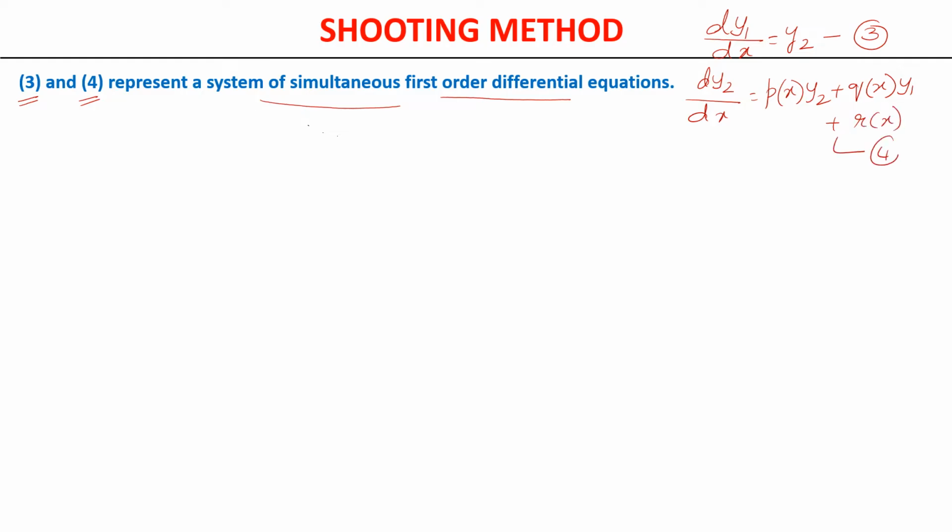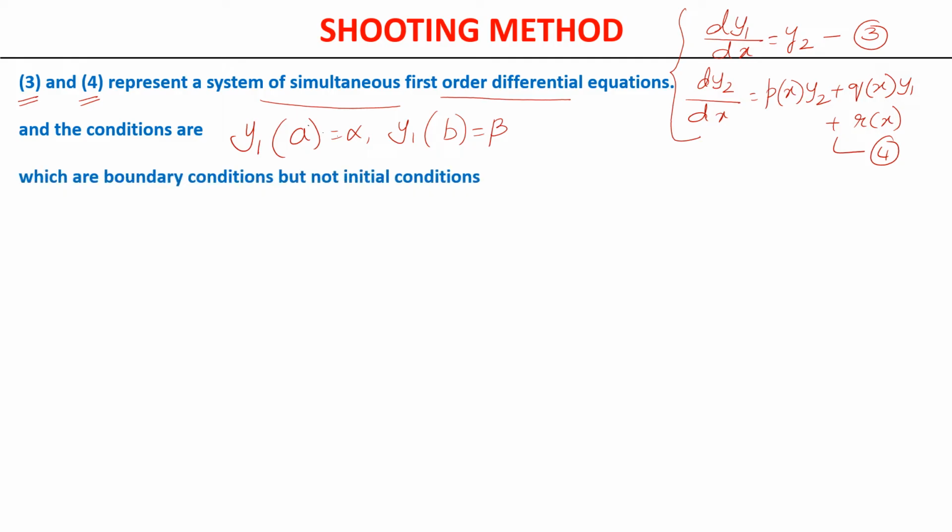And so we have now reduced the second order differential equation into a simultaneous set of two first order differential equations. And what were the boundary conditions? They were still y1 of A equal to alpha and y1 of B equal to beta.